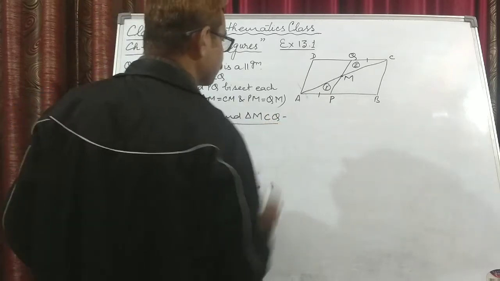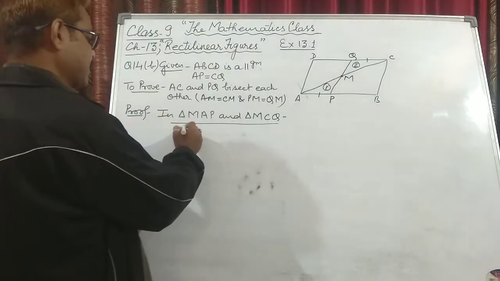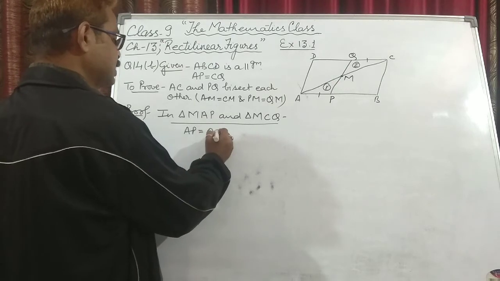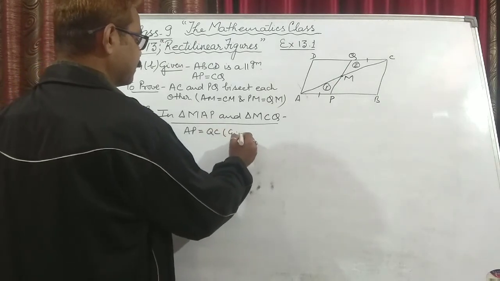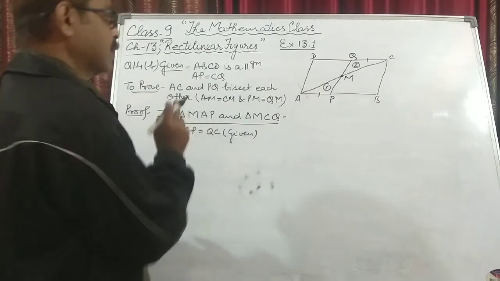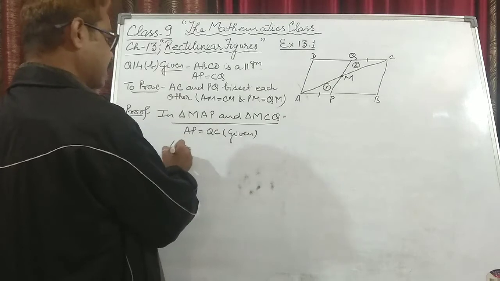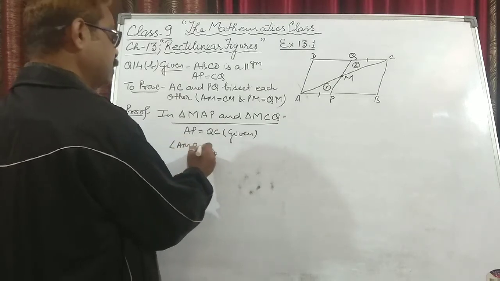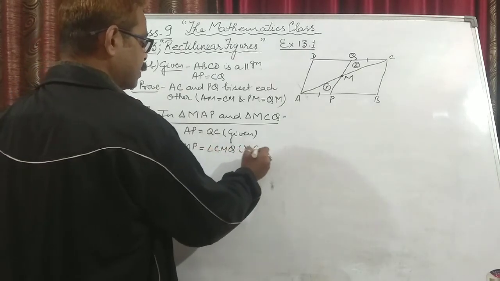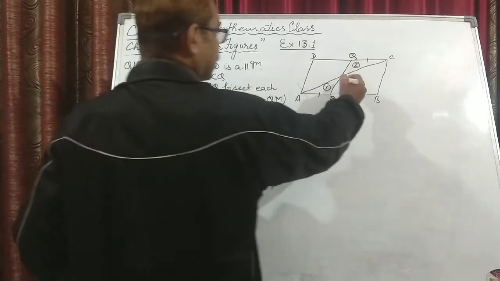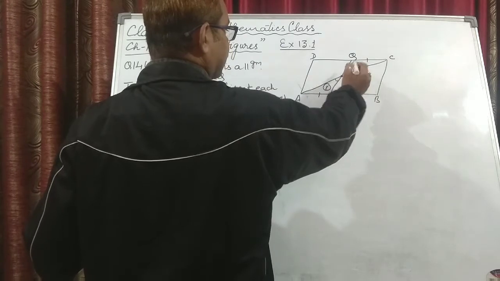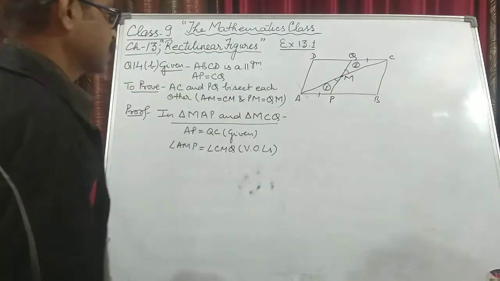In these two triangles, first point, AP is equal to QC because it is given. Second point, we can say that angle AMP is equal to angle CMQ. Why? These are vertically opposite angles. AMP is this angle and QMC is this angle. These are equal vertically opposite angles.